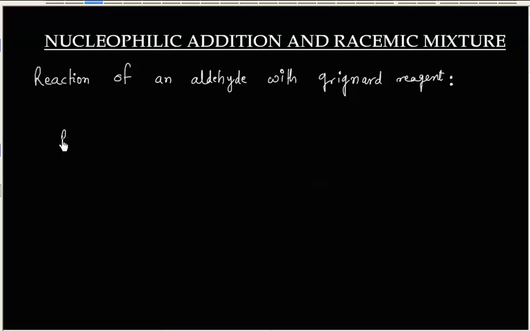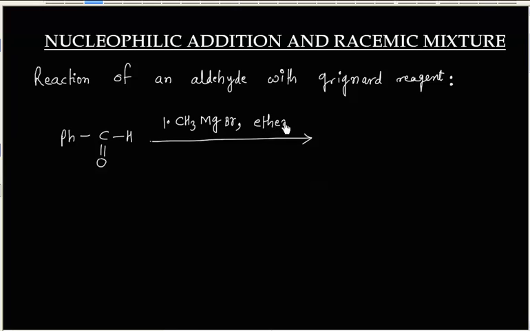So we have PhCHO, and when this compound reacts with CH3MgBr, and the solvent used is ether, and then further we do acidification. The final product in this reaction is an alcohol, and this time this is a 2-degree alcohol.